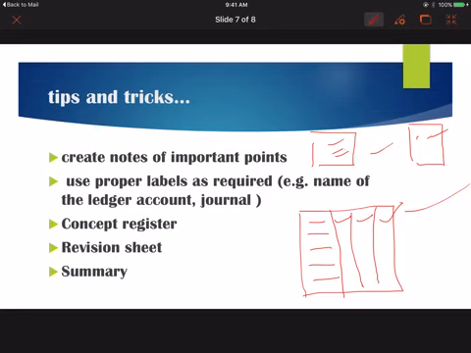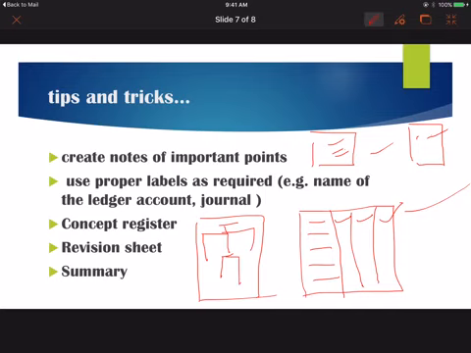Okay, and then summary. Summary is something like this: if you prepare a chapter, just pick up an A4 size sheet. On the first page of that sheet, write down the chapter name. These are 2 concepts in it, 3 concepts in it. The third concept contains these 2 concepts.